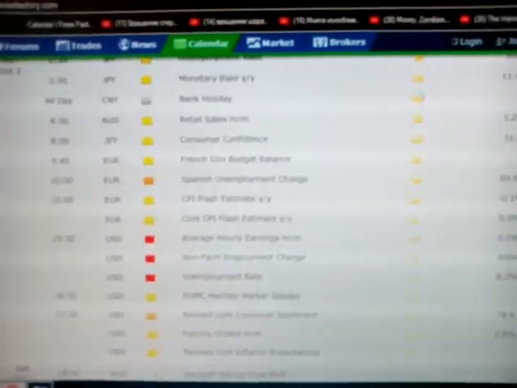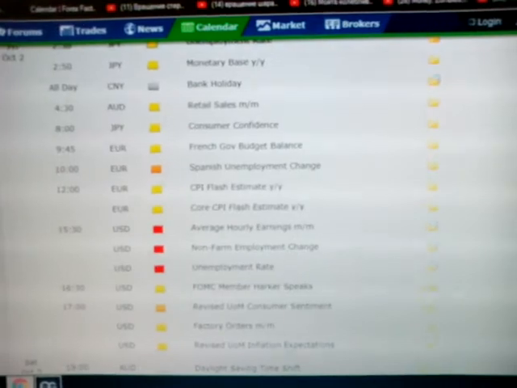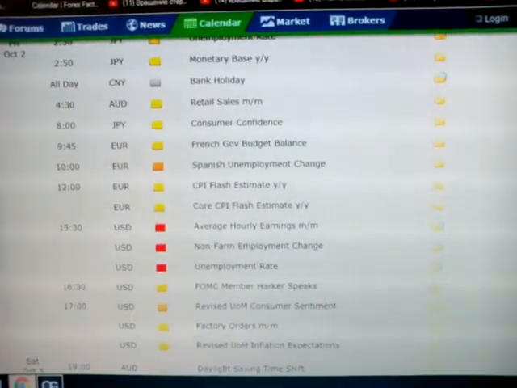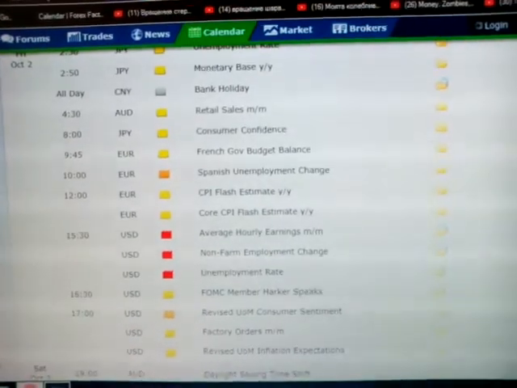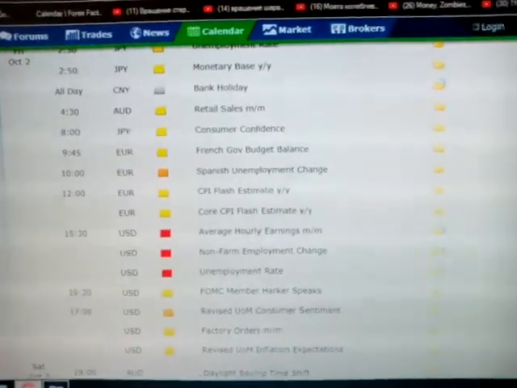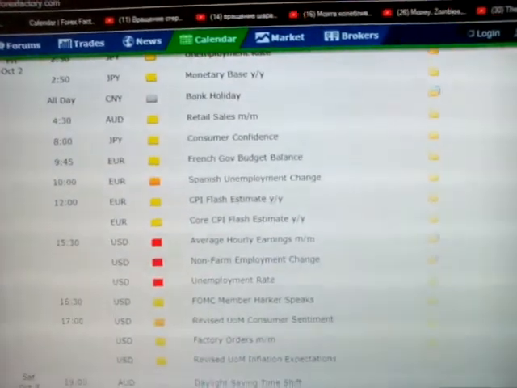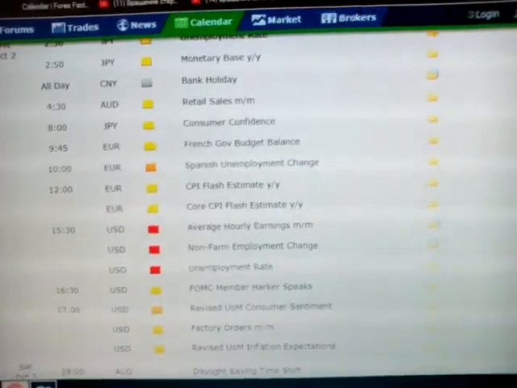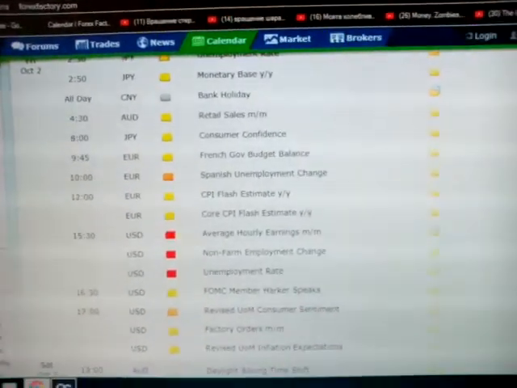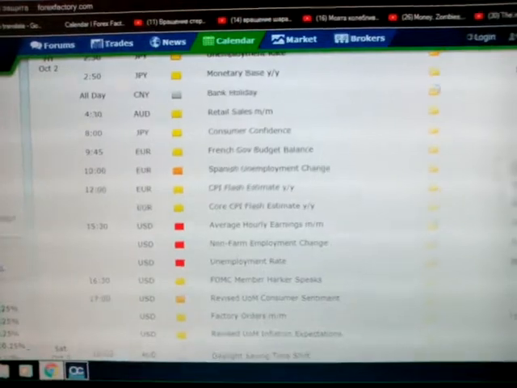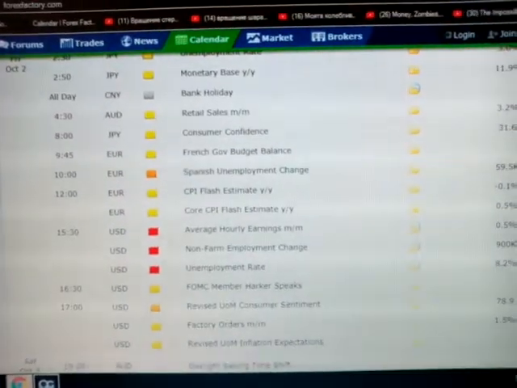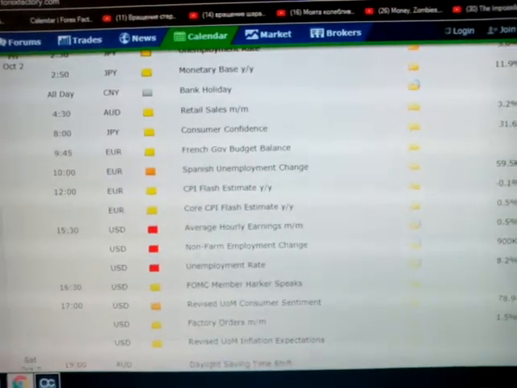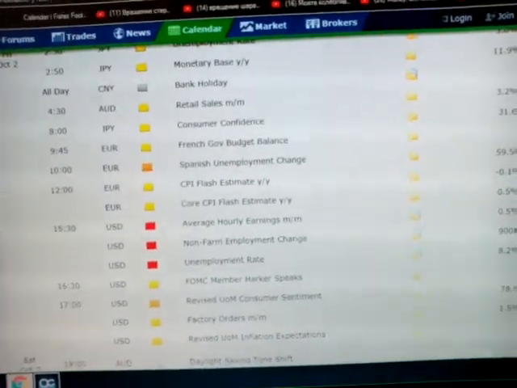So the calendar is one thing, and it is also in correlation. The fundamental analysis has nothing to do with the price moves as technical analysis. They have nothing to do with that. So fundamental data may be good, and the prices may go down.